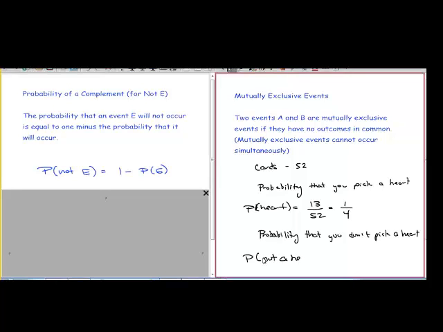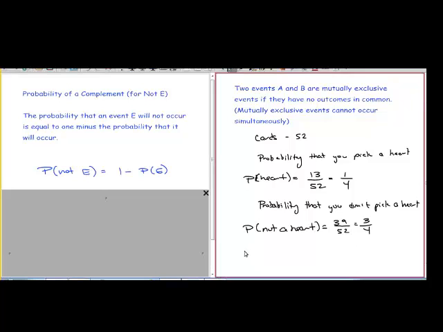The probability of not picking a heart, there are two ways you could think about that. One way would be to say all the other cards are diamonds, spades, clubs, there's 13 of those per suit, and then you times 3, you get 39 over 52, which simplifies down to 3/4.